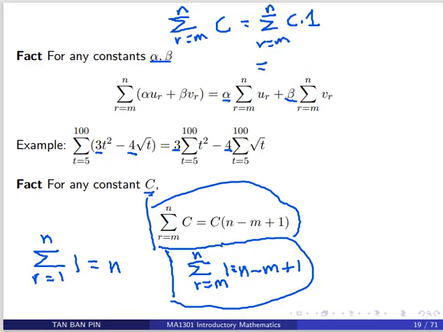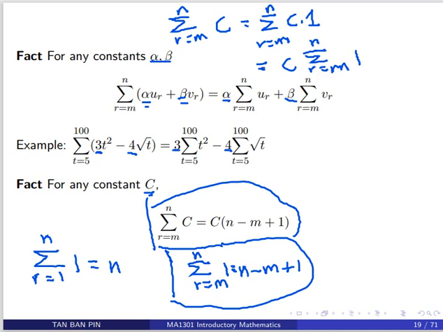Then c is a constant. The first result tells you constant can be written outside. Remember just now, 4 as a constant can be written outside. So we can rewrite this as c summation r from m to n, 1.